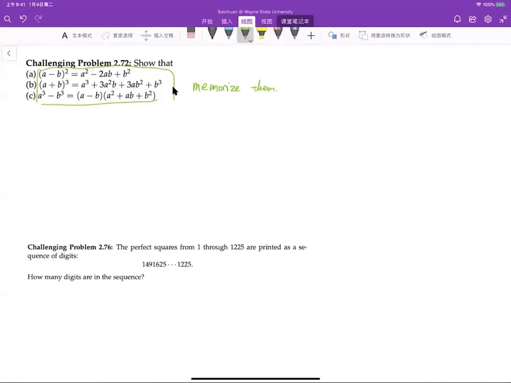It's very useful to know the expressions for a plus b and a minus b squared, and a plus b and a minus b cubed, right? And a cubed minus b cubed, a cubed plus b cubed, and a squared minus b squared. But there's no expression for a squared plus b squared. So there is no expression for that.